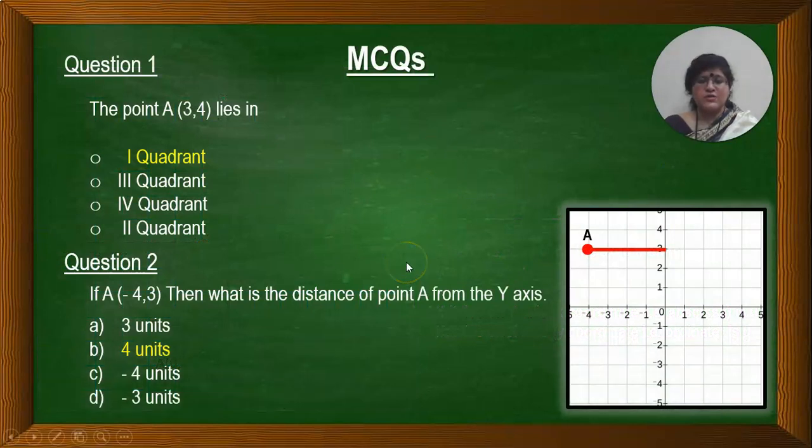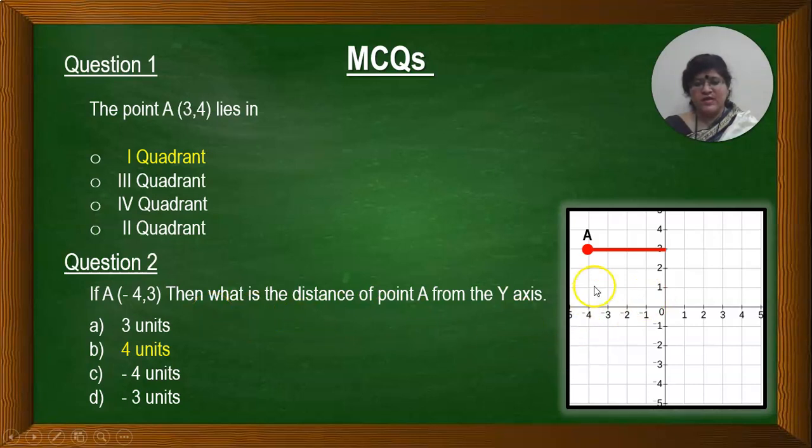Some of the MCQs. Point A, whose coordinate is 3, 4, lies in first quadrant because positive, positive, so first quadrant. If A coordinate is -4, 3, then what is the distance of A from y-axis? This diagram is drawn only for understanding. A is -4, 3.